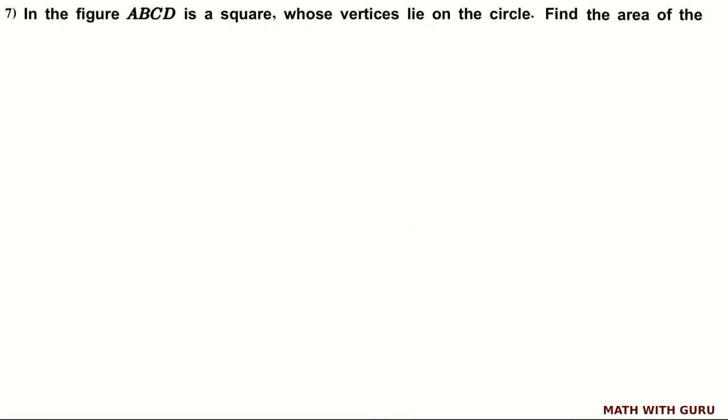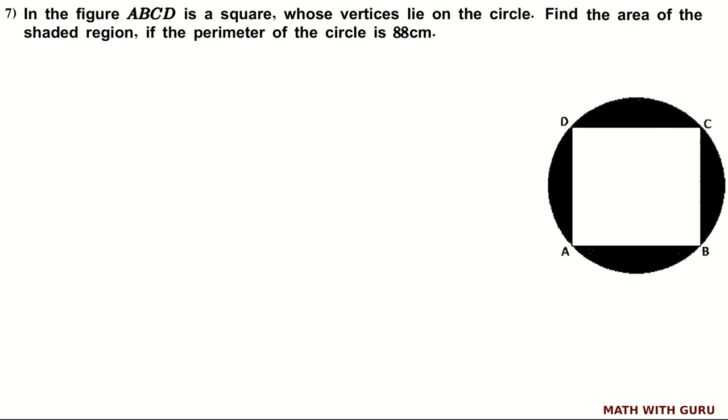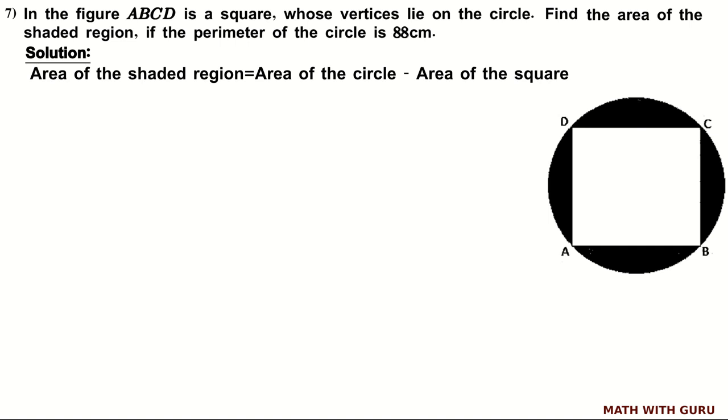Seventh question. In the figure, ABCD is a square whose vertices lie on the circle. Find the area of the shaded region if the perimeter of the circle is 88 centimeters. Here is the figure. Area of the shaded region equals area of the circle minus area of the square.